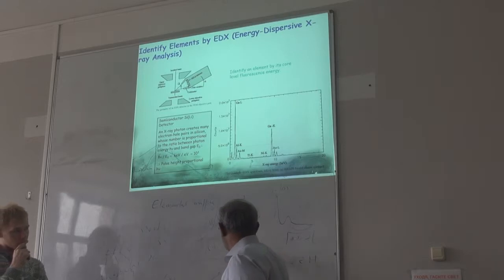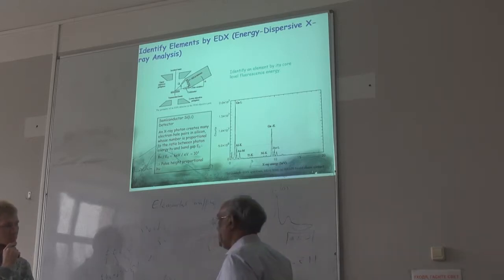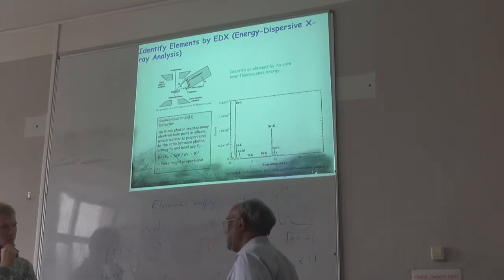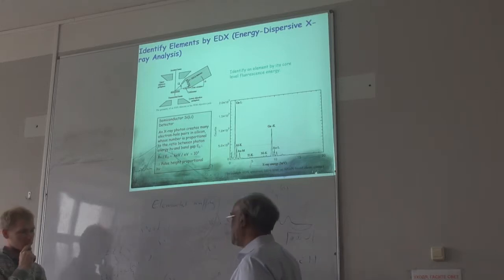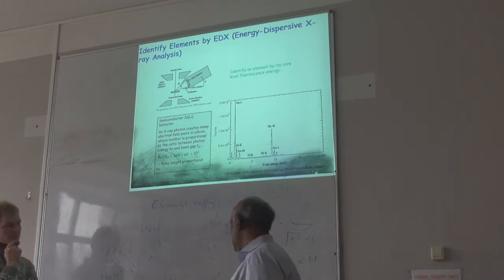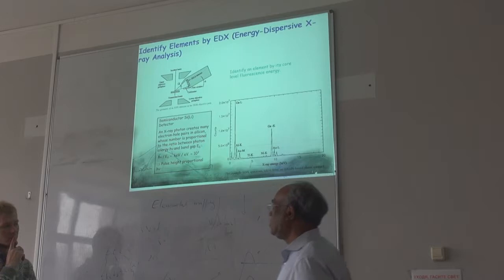If an electron is higher than this one, we count it as 1. So if it is like this, we don't count. And if it is less than that, we count it as something lower. So that's how energy dispersive spectroscopy works.